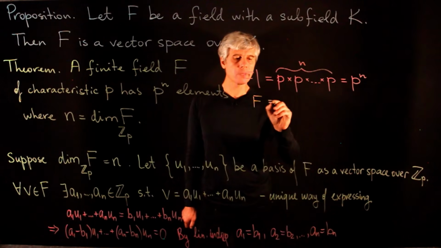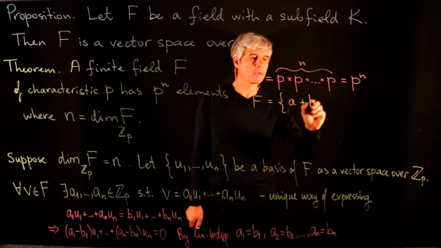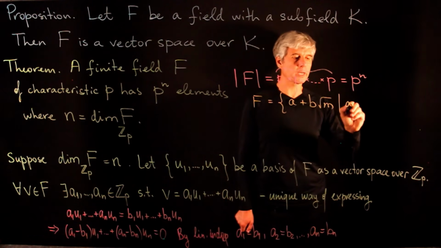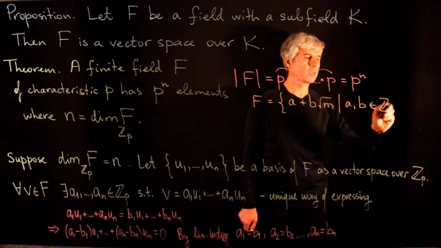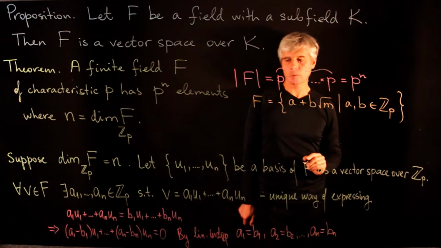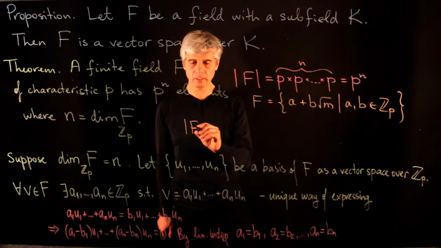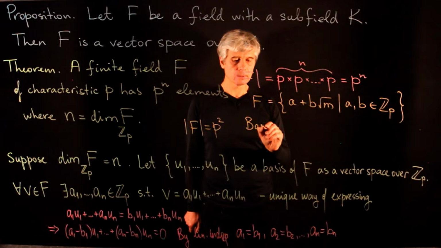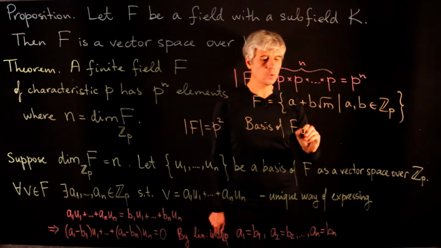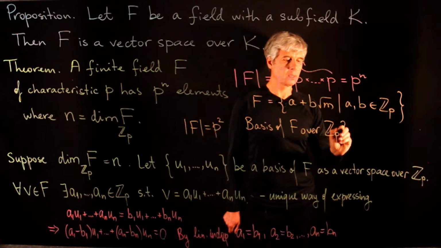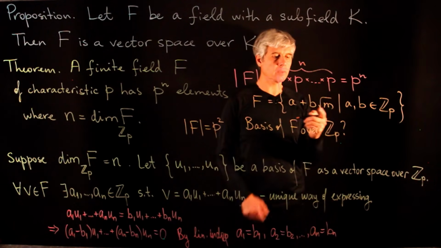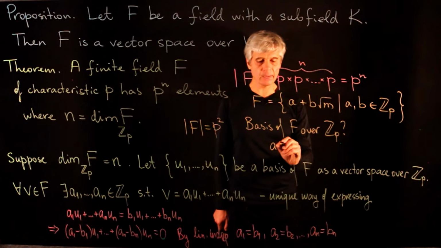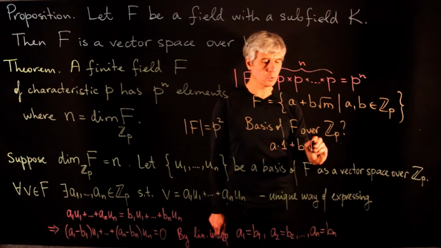This agrees with our construction of this field, a plus b square root of m, where a and b are in Zp. We said that the size of this field is p squared. Now, what is the basis of F over Zp? The way we wrote these elements can be interpreted as a times 1 plus b times square root of m.